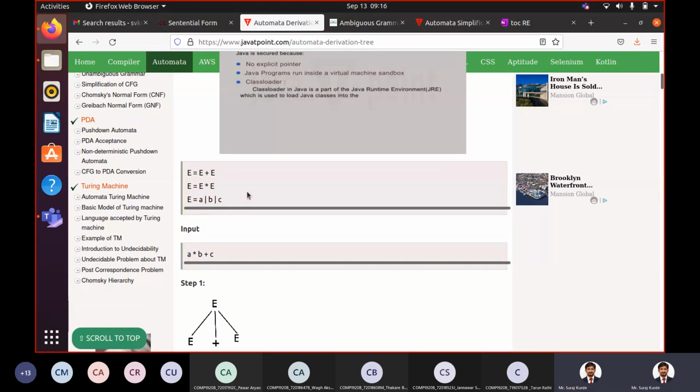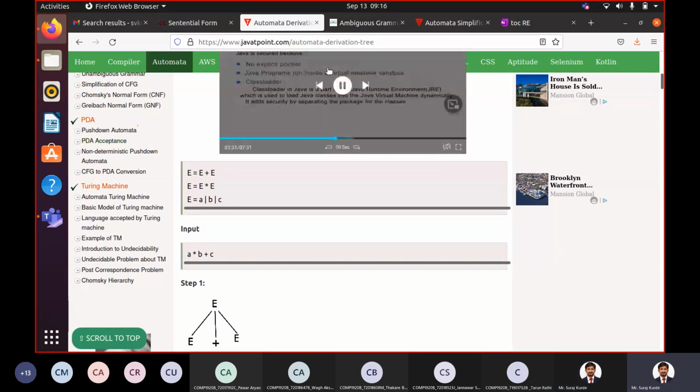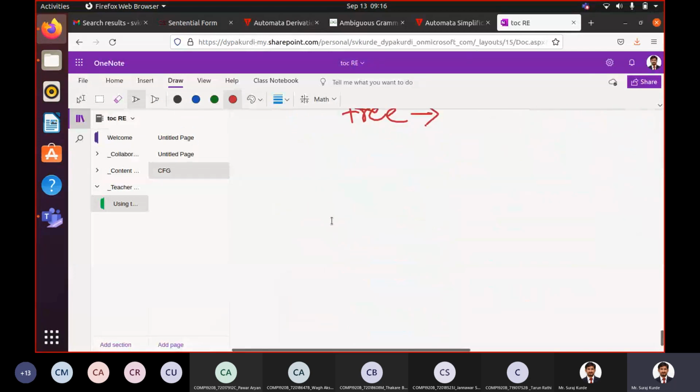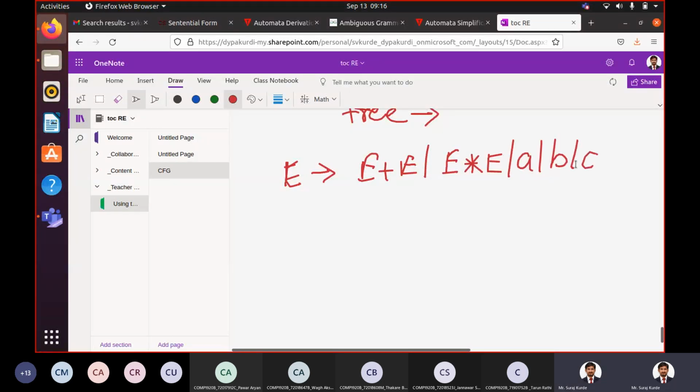E is equal to E plus E. The same productions are there: E produces E plus E, or E into E, or A, or B, or C. What do you want? A into B plus C.